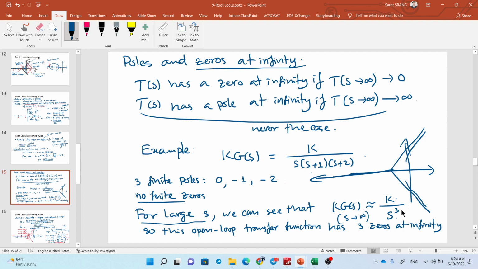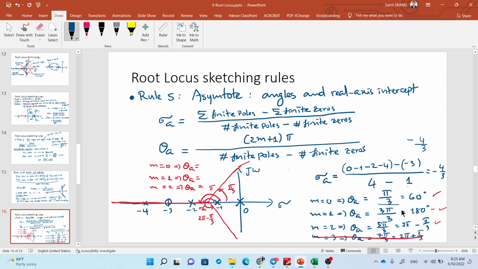We just need to know how many zeros at infinity there are. If you have 3 zeros at infinity, it means we have 3 asymptotes, because asymptotes guide the root locus when k approaches infinity. After we know the finite and infinite zeros, and also finite poles, we know the number of asymptotes.